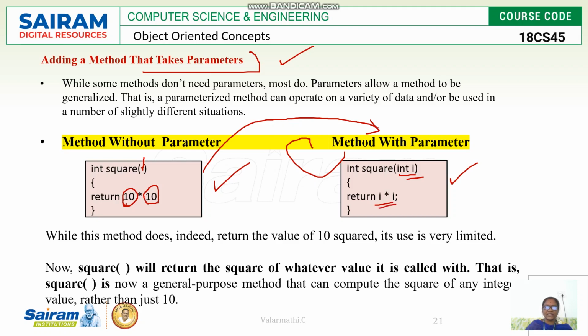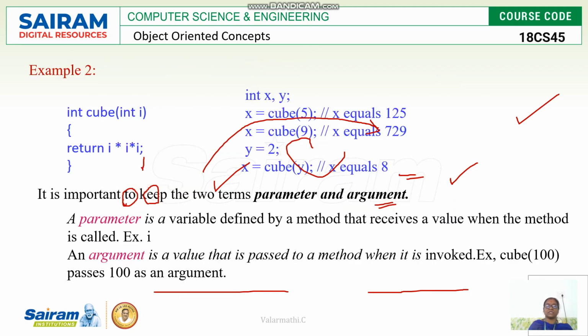It is now turned into a general purpose method that can compute the square of any value, right? So which one will be the most suitable one? The second one. The method with a parameter will be the most suitable one, and will also lead to a general purpose method.